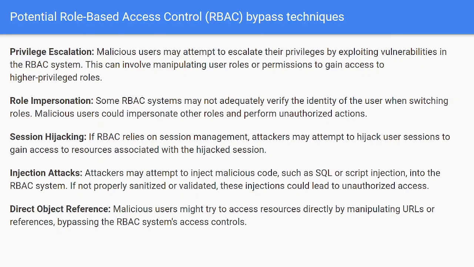Injection attack may attempt to inject malicious code such as SQL or script injection into the role-based access control system. And that's the direct object reference. Malicious users might try to access resources directly by manipulating the URLs or references, bypassing the role-based access control system.